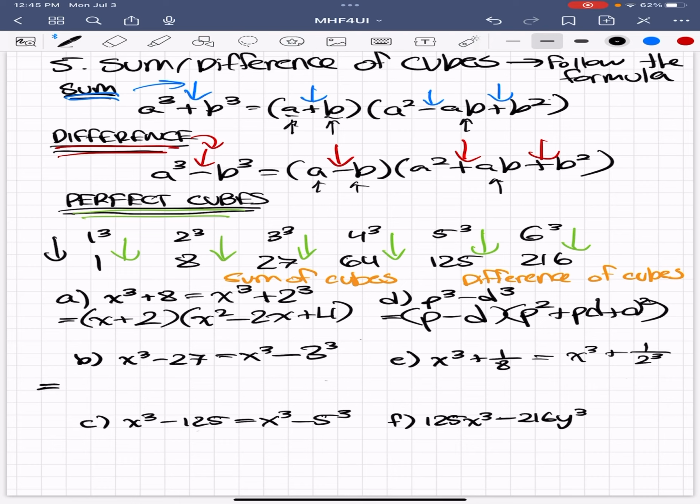So x to the power 3 minus 27 is actually x to the power of 3 minus 3 to the power of 3. So the answer is x minus 3, x to the power 2 plus 3x plus 9. Moving on.